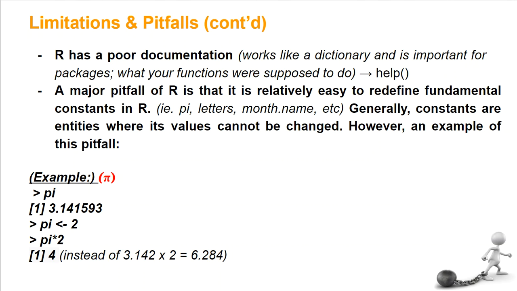When you type pi in the console, you will get its value, which is 3.141593. You can later assign a new variable spelled pi and equate it to another number. Here, we equate it to 2. When we test out pi multiplied by 2, we get 4 instead of 6.284. As seen, one has to be really careful when defining variables in R.